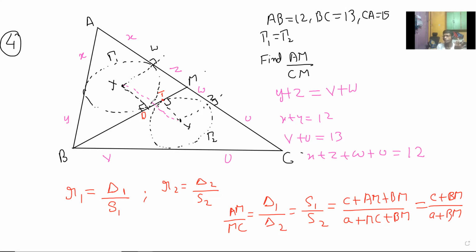How can they be coincident? They are different lines, right? No, they're not the same line, because they're in different triangles. The point is that we are not able to use the fact that R1 is equal to R2 geometrically. That's a bad thing. We are not able to do that.